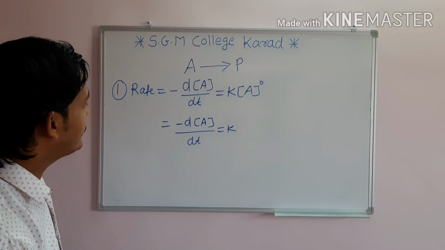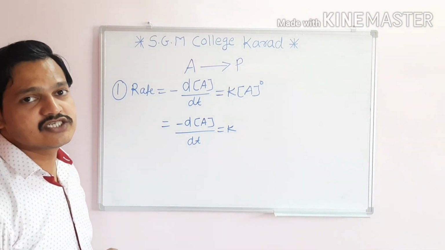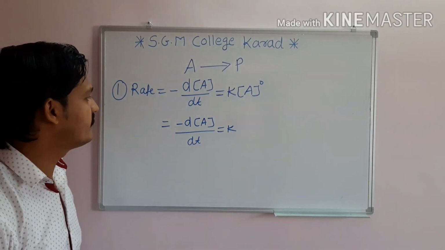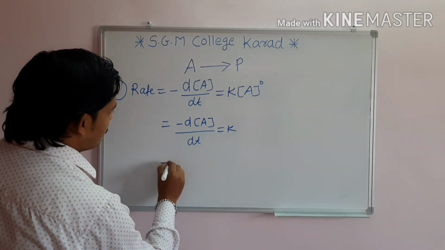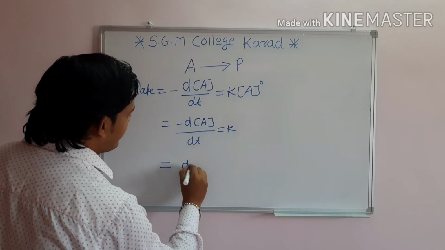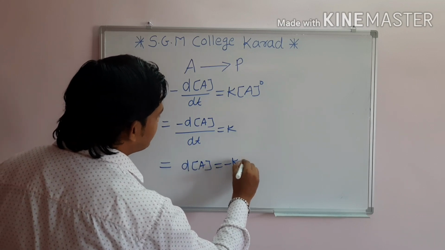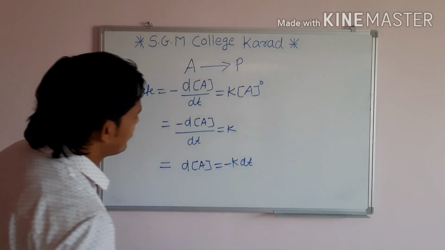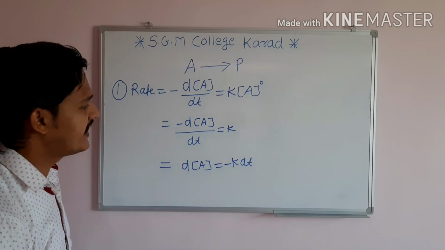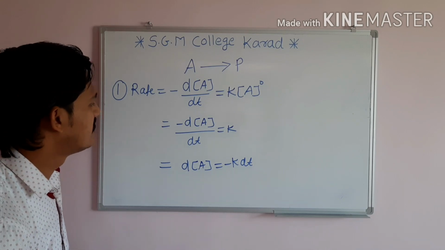So now rearrange the equation. We get d[A] is equal to minus k dt. I am rearranging that equation.